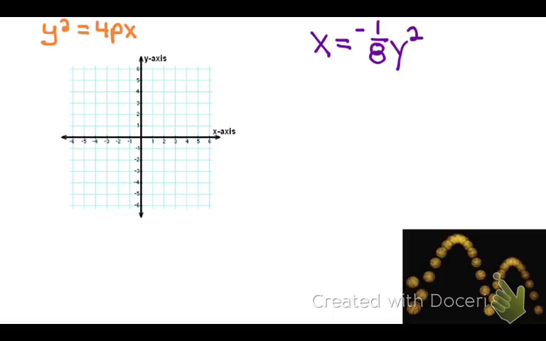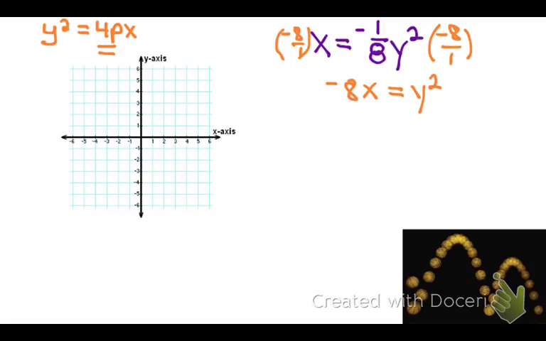In order to get this purple equation to look like the orange equation, we're going to have to isolate the y squared. So we multiply both sides by -8, or -8/1. We end up with -8x equals y squared. Over in the orange equation, we have 4px, so we're missing a term. We need to figure out how to get -8 to include that 4.